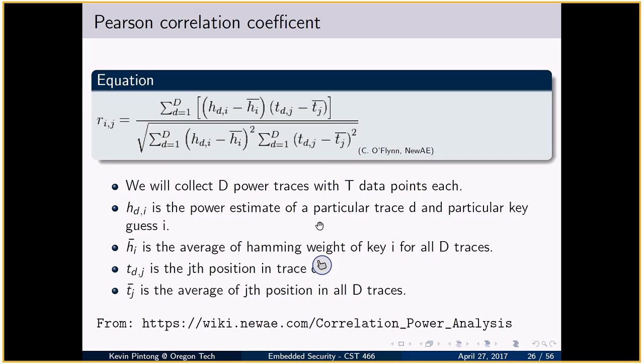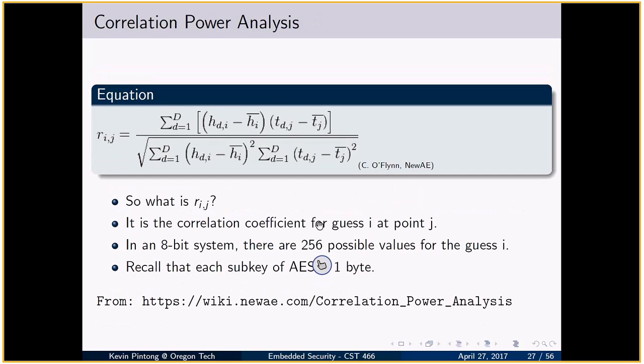So I switched to PDF. So here's the actual equation. R sub ij represents the correlation coefficient for guess I at point J. Guess I means, if we have an 8-bit system, or 1 byte of the AES algorithm, it's 0 to 255.